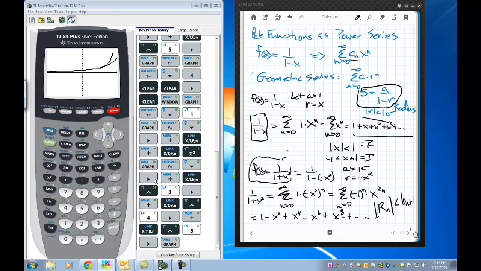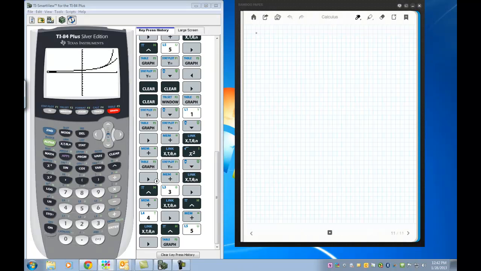Another thing, so let's write that up. I know that 1 over 1 plus x squared is equal to the sum, as n goes from 0 to infinity, of -1 to the n times x to the 2n, because it's geometric, where a equaled 1 and r equaled negative x squared.